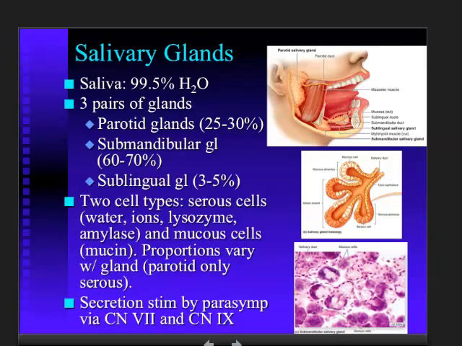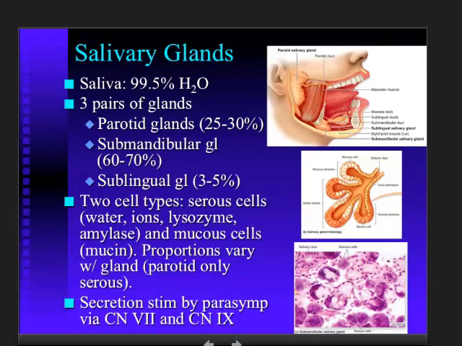The parotid glands produce more of the serous kind of fluid than they do of the mucus fluid, and the other glands are sort of the opposite. So you have different proportions of serous secreting cells versus mucus secreting cells in each of the different glands. As I say, parotid, it's only serous.